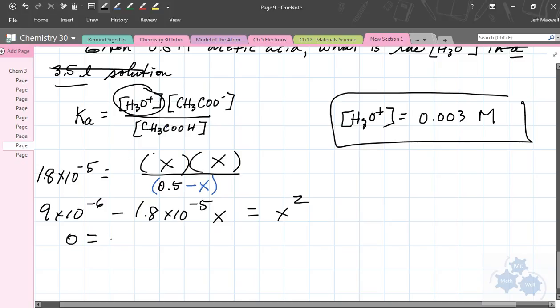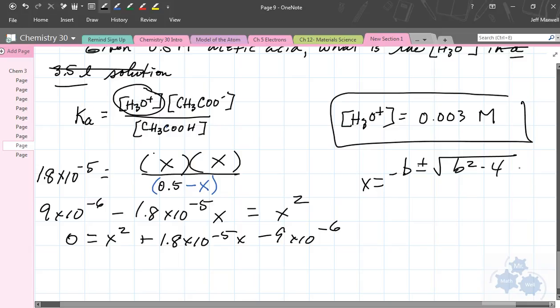So actually we have 0 equals x squared, and you are going to have to do this type of problem for any Ka values above 10 to the negative 4. So that's why we should practice this. So this is going to be plus 1.8 times 10 to the negative 5 x minus 9 times 10 to the negative 6. You put that into your quadratic formula. x equals negative b plus or minus the square root of b squared minus 4ac, all over 2a. Very good.